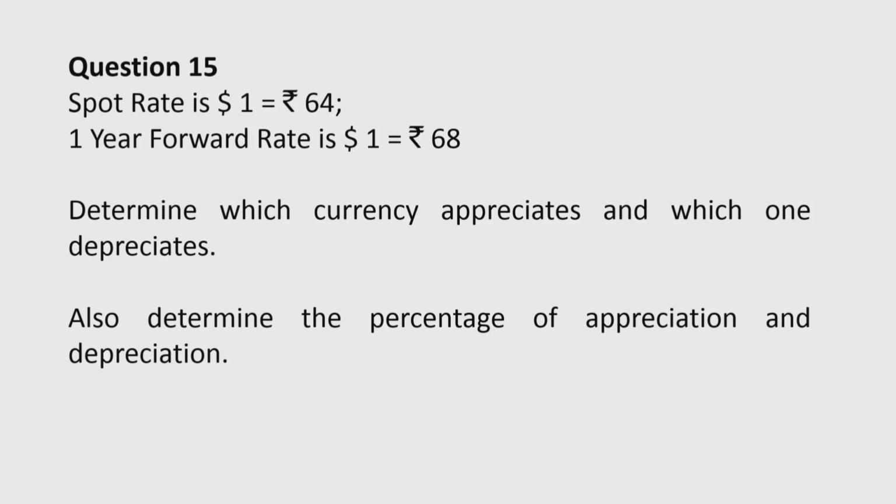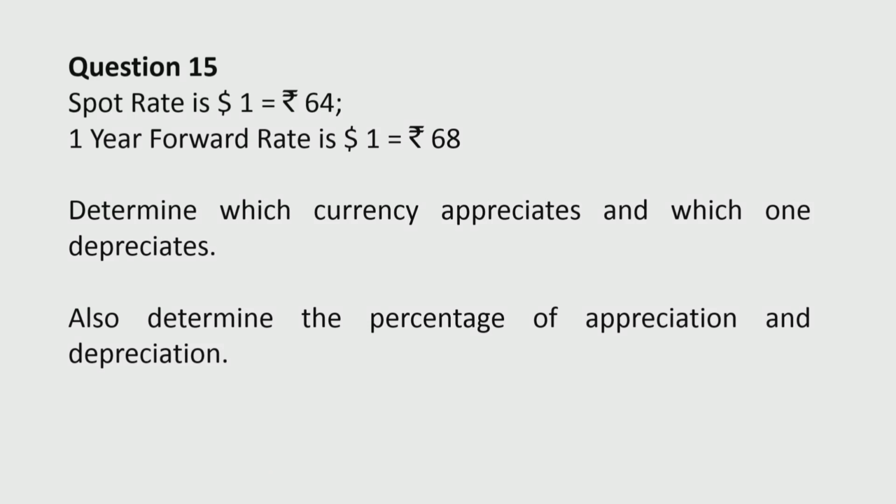So friends, it's the same example. We have already discussed the earlier part that it is US dollar which is found to appreciate and Indian rupee which is found to depreciate. The objective now is to deal with this point. How would you determine the percentage of appreciation or depreciation, also known as premium rate and discount rate?